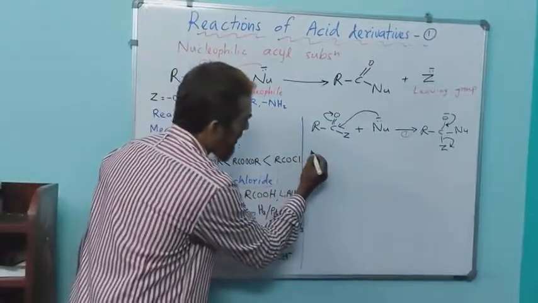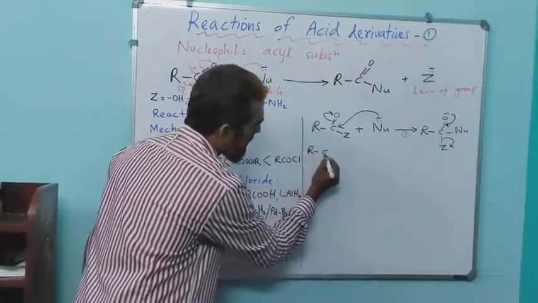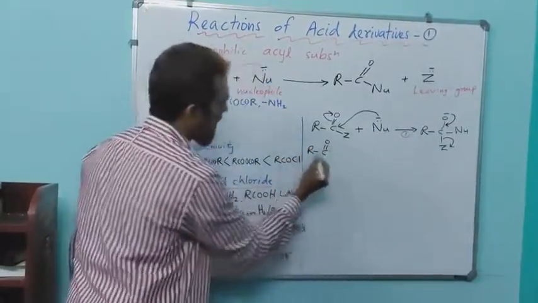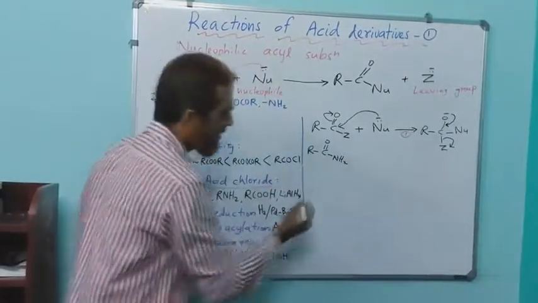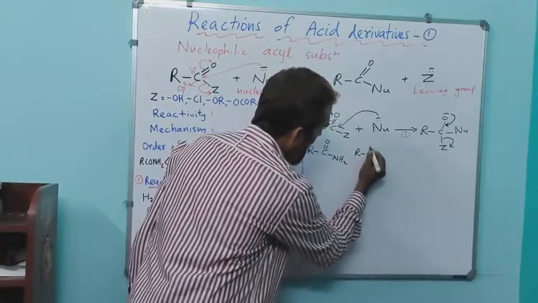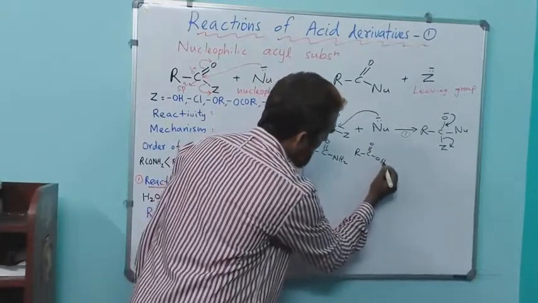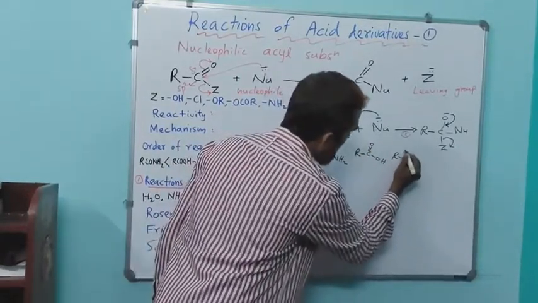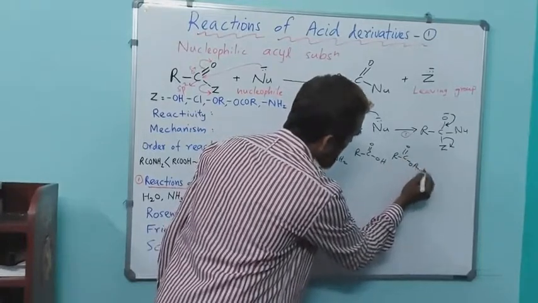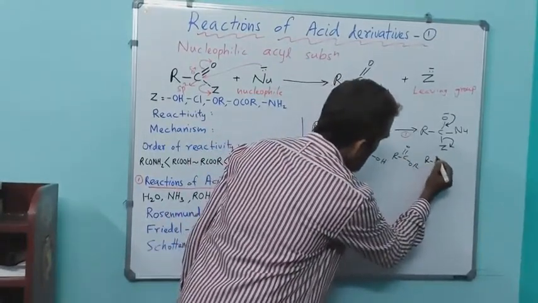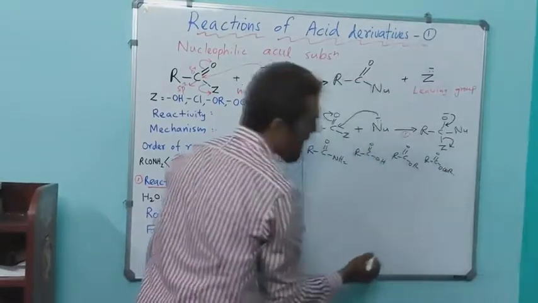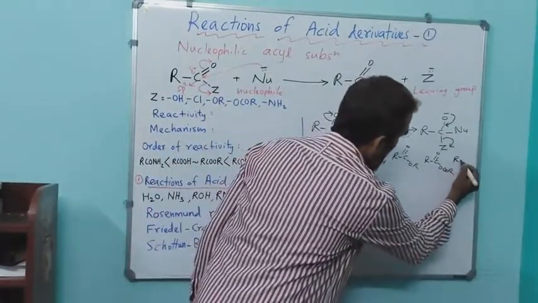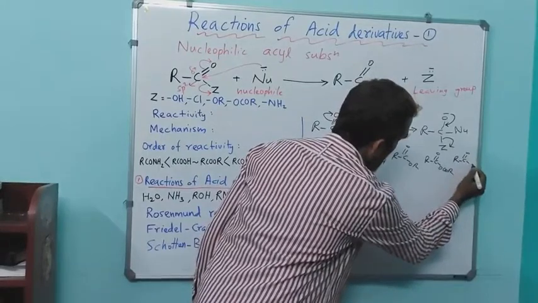We can note the acid derivatives now here. Starting with, let me write amide first, for example. Then I am writing the parent acid also. Then it is ester, COR. This is anhydride, and finally acid chloride.